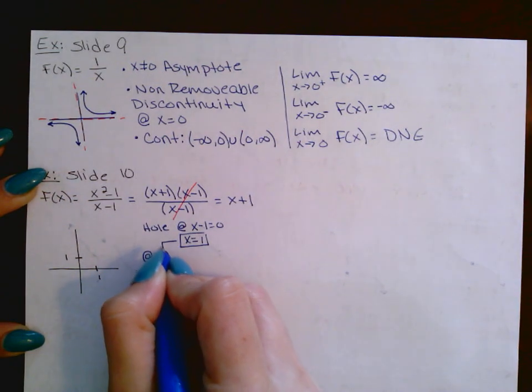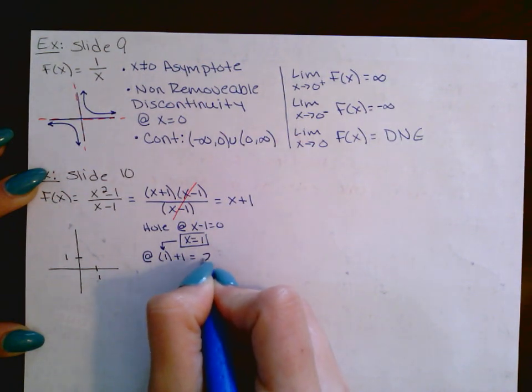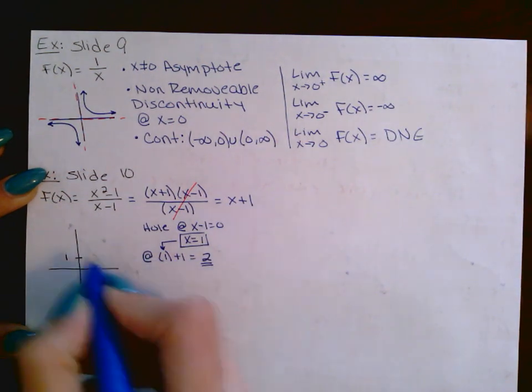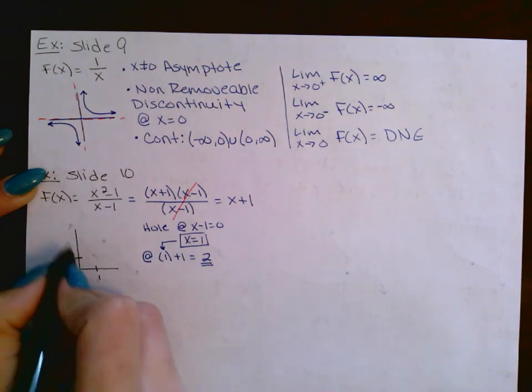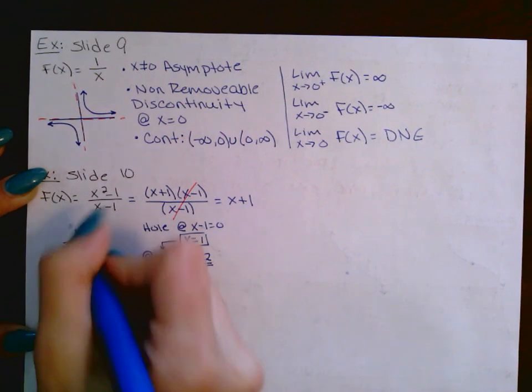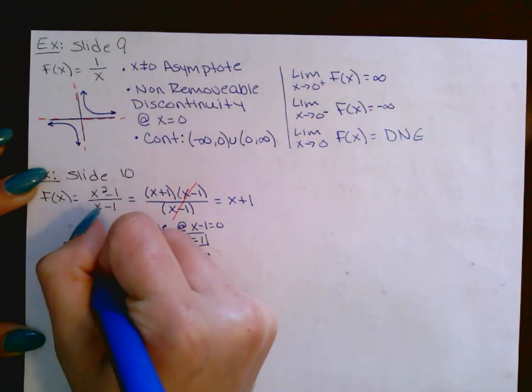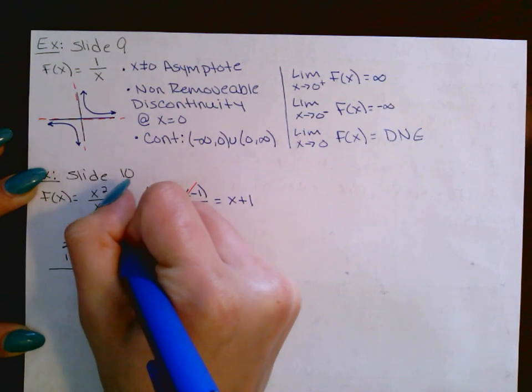So I plug that into my leftovers, and I find out that it is at 1, 2. Okay. So my hole is up here, my y-intercept is here, and you can see that nice rise over run is 1 over 1.